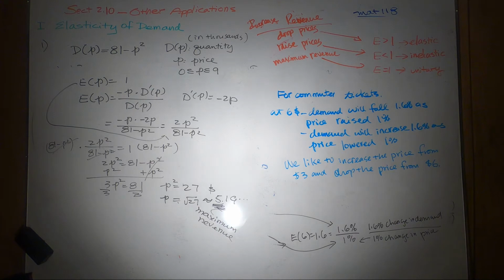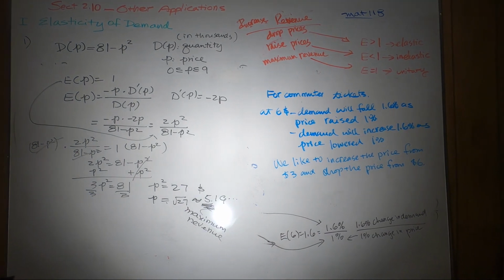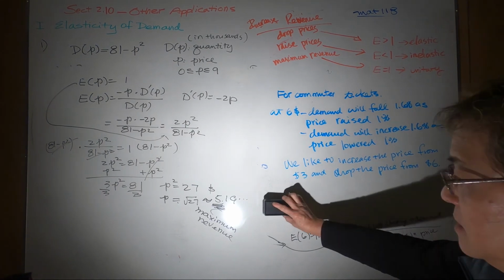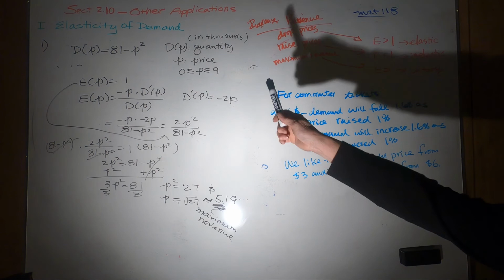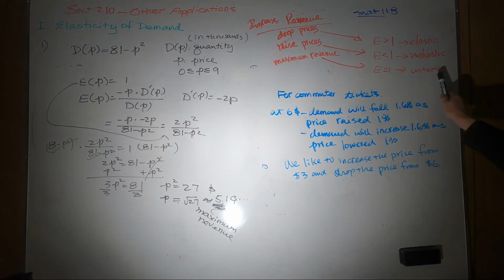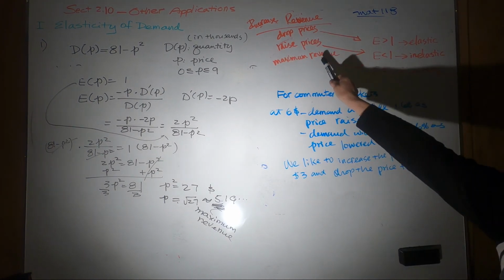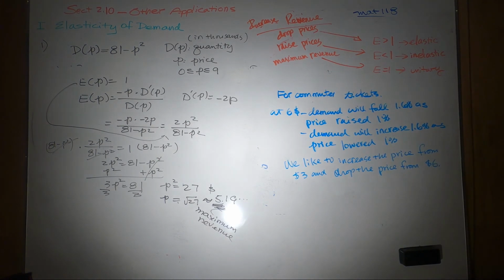So to find out the maximum revenue, what do you do? You set E of P equals 1, which will generate a maximum revenue.